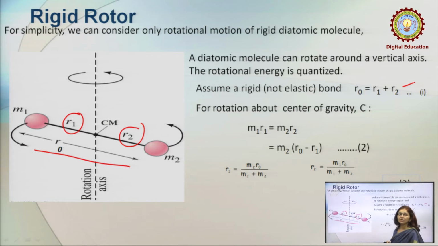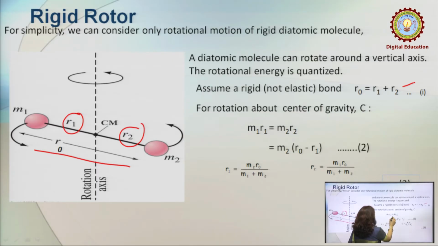For rotation about the center of gravity C, M1 R1 is equal to M2 R2, or M1 R1 is equal to M2 (R0 minus R1).